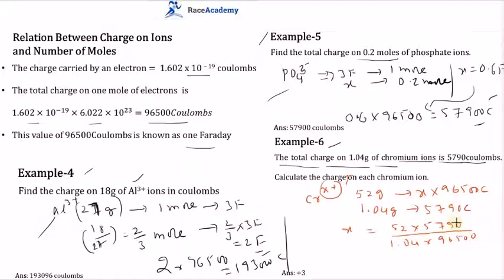So upon simplification, you get the answer as 3. So this is the value which tells us the information about the charge on the chromium. So chromium charge is how much? That is 3. In this given problem, chromium charge is 3.